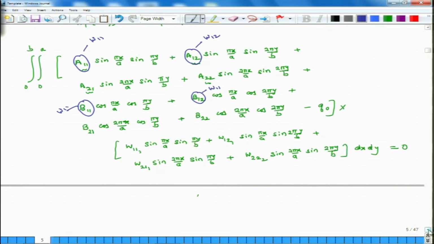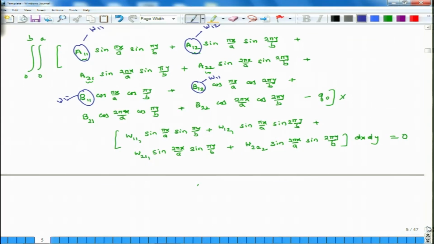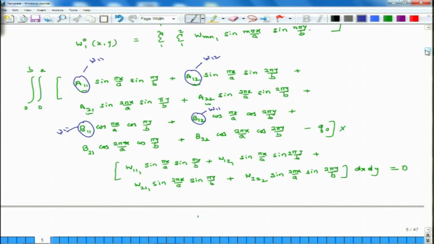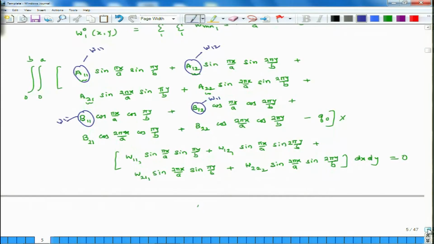So, when I do this entire multiplication, once I have integrated over x and y, these are just products of sines and cosines. So, I can integrate this using standard integral calculus principles, which is not difficult, and once I have integrated over the domain, x ranging from 0 to a and y ranging from 0 to b, x and y disappear.